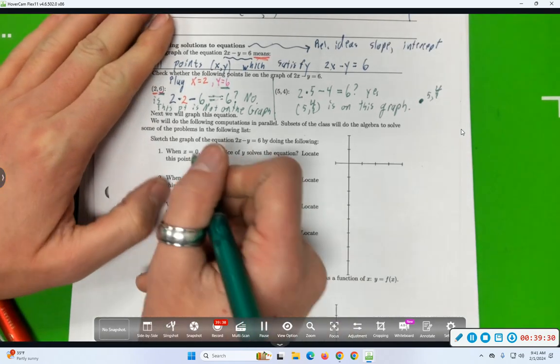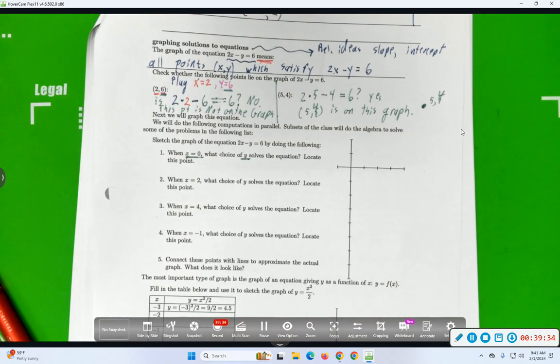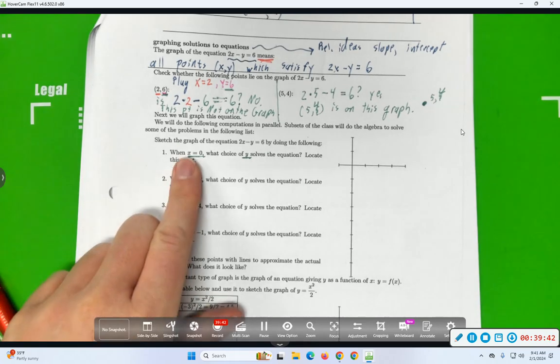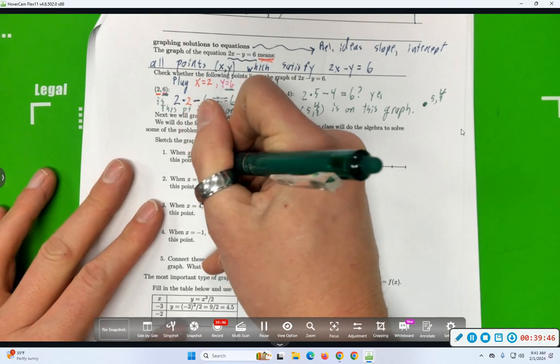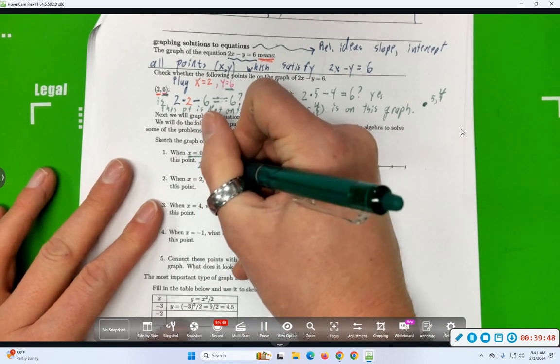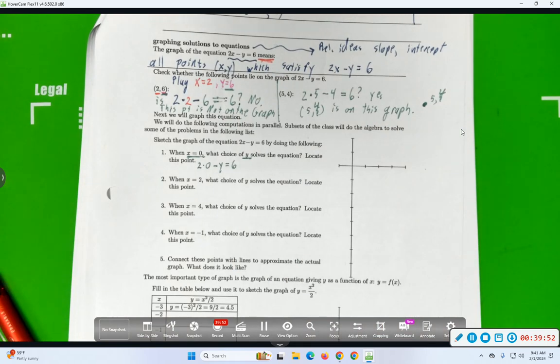So let's ask this question. If I fix x equal to 0, do you think I could figure out what choice of y satisfies this equation? I bet. And maybe I'll do the walk. So let's plug in x equals 0 and see what we get. So that would be 2 times 0 minus y equals 6. That look like you can solve it for y?